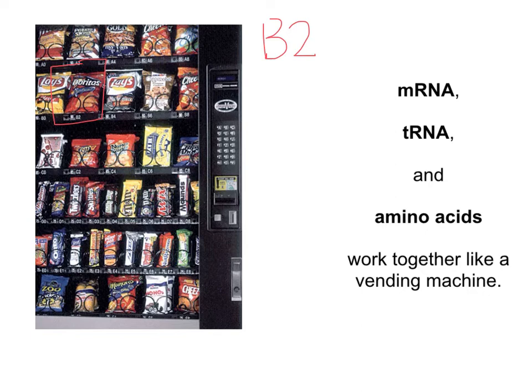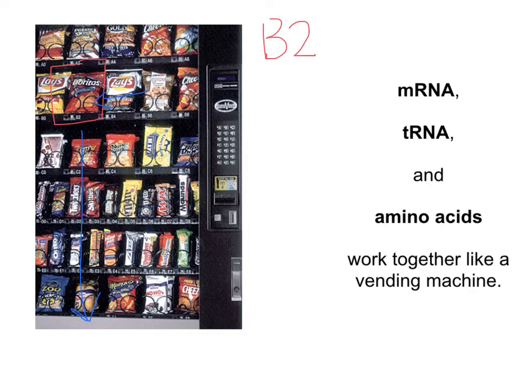Well, these little spirals over here are going to carry my Doritos to the end of the shelf, and they're going to let them go. They're going to dispense them down into the drawer so that I can pick them up and eat a snack and be happy, right? So I enter a code, B2. The spirals on the shelf carry my snack, my lovely Doritos, to the end of the shelf. And then my Doritos, my product, falls and I can pick it up.